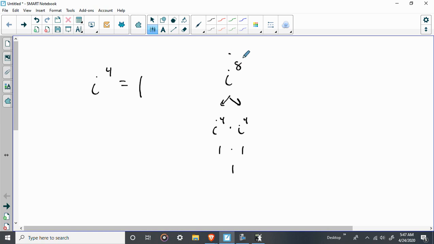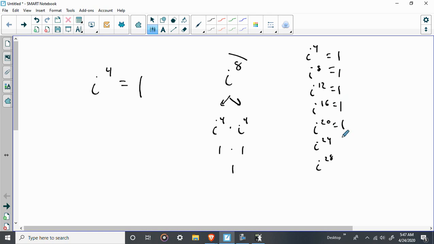Just to show you: i to the 4th, i to the 8th, i to the 12th, just keep going up your 4s times tables, i to the 20th, i to the 24th, i to the 28th. All of these are 1. Any exponent that you can divide evenly by 4 is going to equal 1.